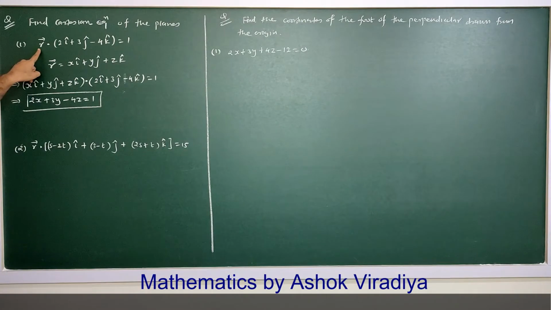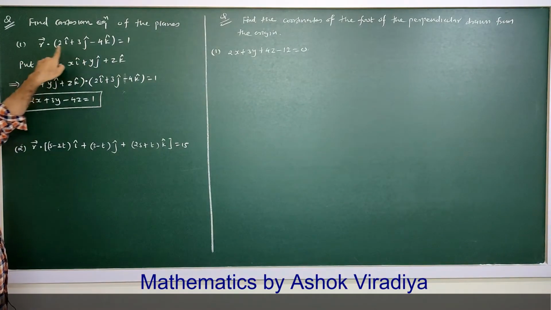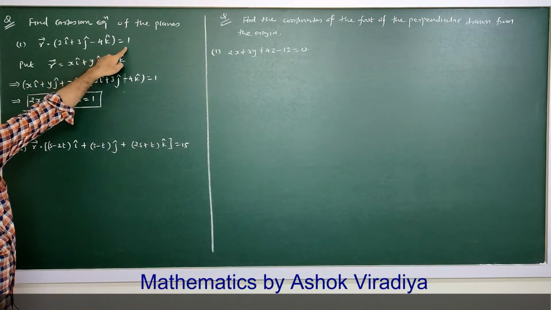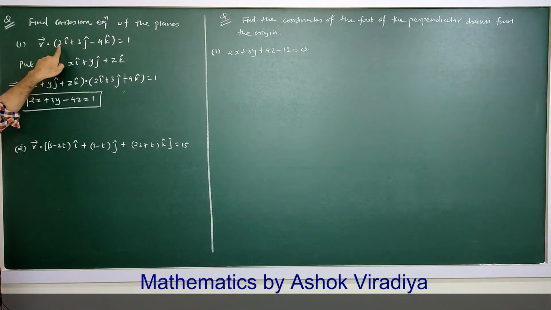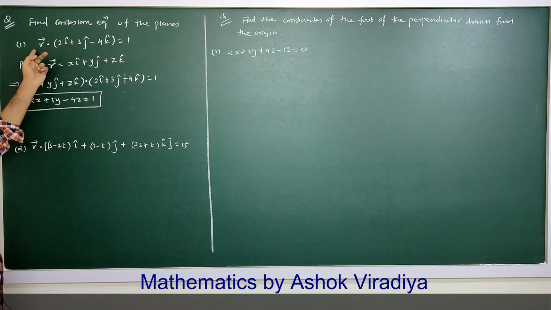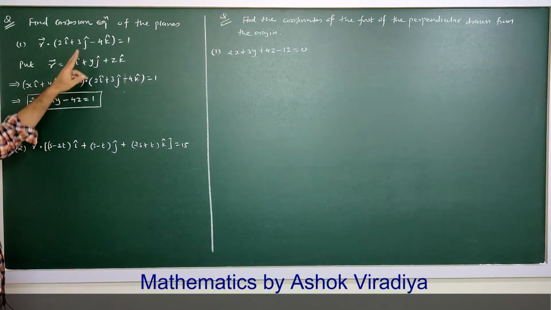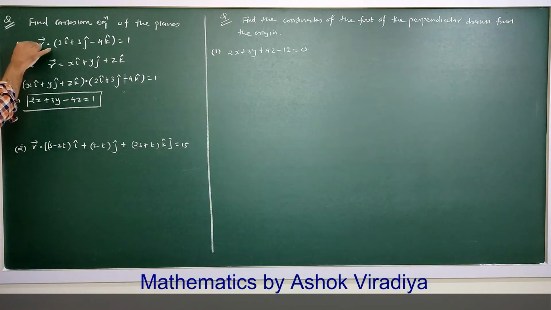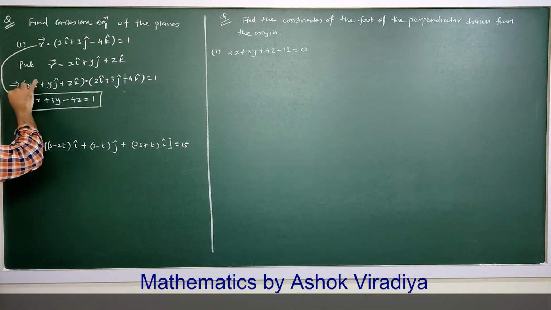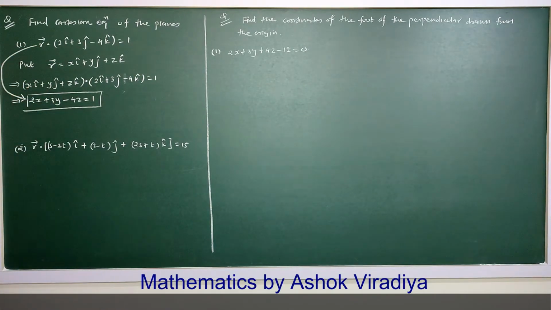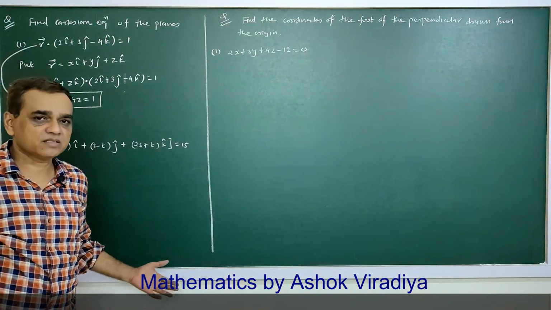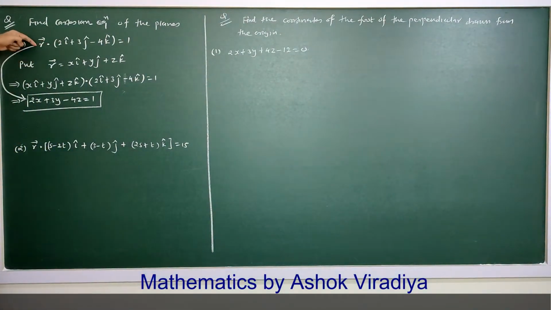Simple. Vector r dot vector n is d, then 2x plus 3y minus 4z. So directly also you can write this Cartesian form if short questions are asked: 2 into x plus 3 into y minus 4 into z is 1. Simple.